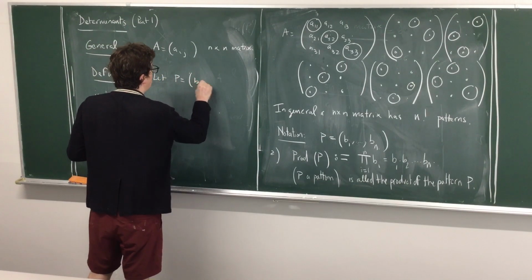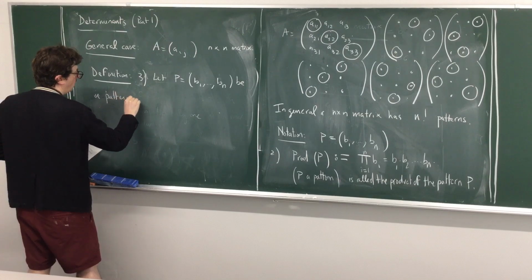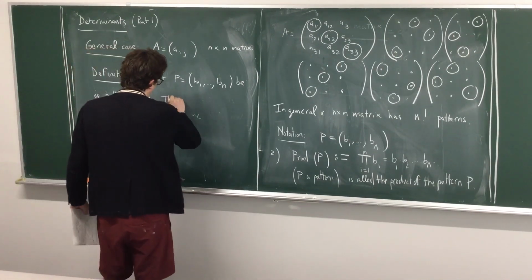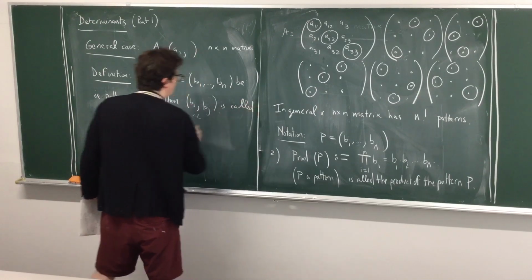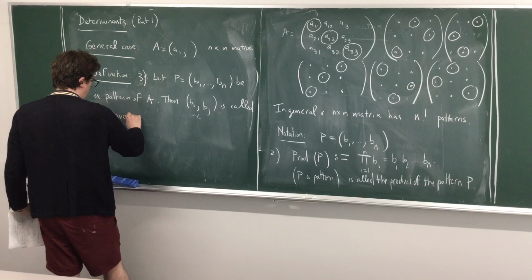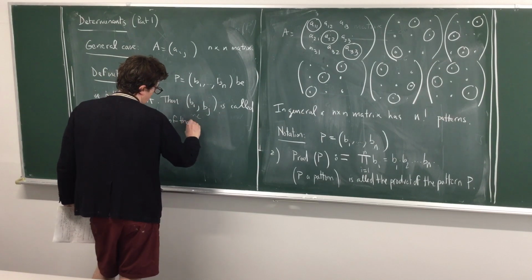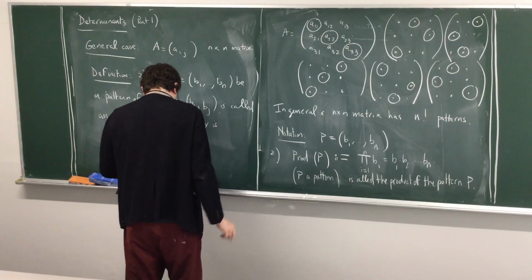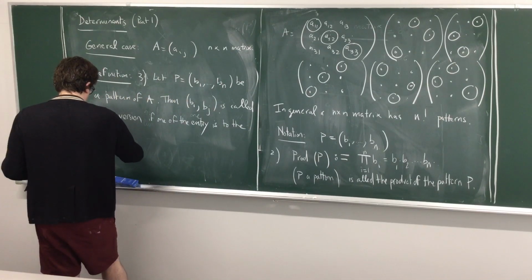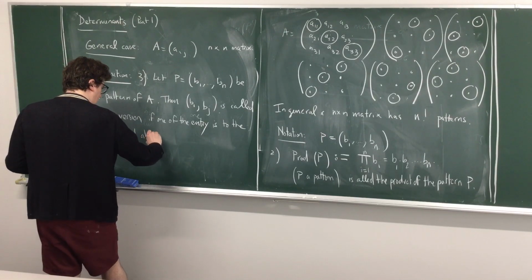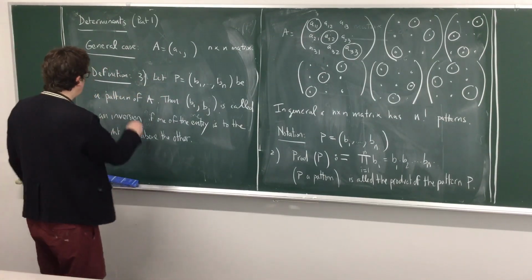Let P equal B1, ..., Bn be a pattern of A. Then Bi, Bj is called an inversion if one of the entries is to the right and above the other. Okay, so here the important word is inversion.